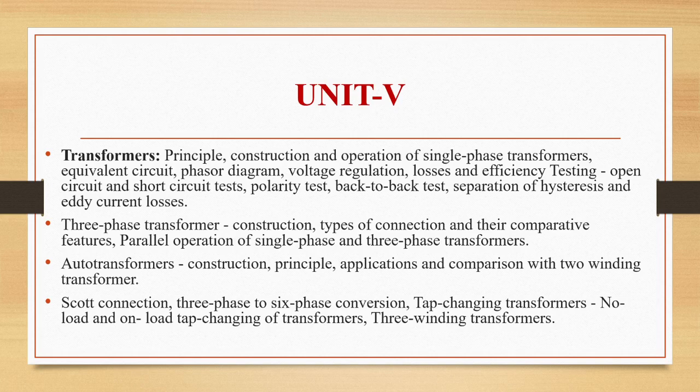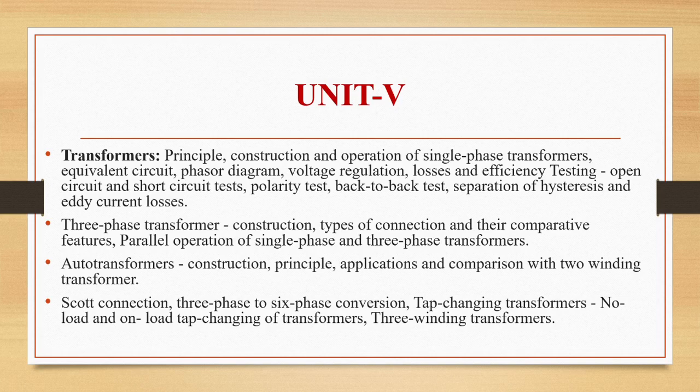That EMF is mutually induced EMF, and whenever a load is applied to the secondary side, current will start flowing through it. Okay, so now we have voltage, current, number of turns and EMF induced on the primary side, and voltage, current, EMF induced and number of turns on the secondary side. Okay, both on primary and secondary sides we have these.